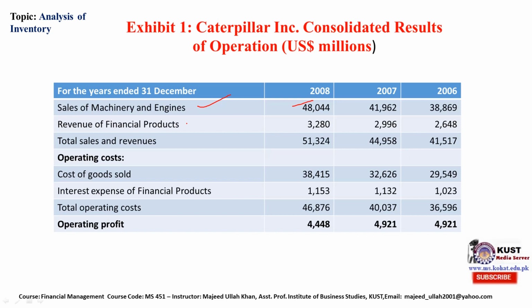Since this is a consolidated statement, Caterpillar may have some subsidiary companies that are dealing in financial products. This is total revenue. Cost of goods sold from engines for 2007 and 2006, while interest expense on financial products is this one. Now total operating cost, operating profit.